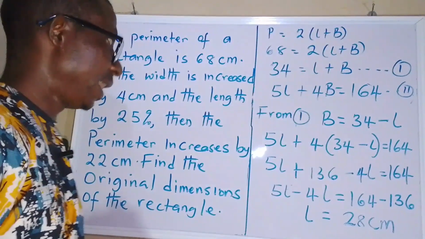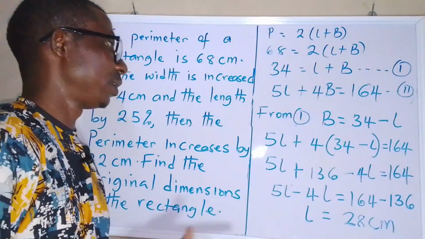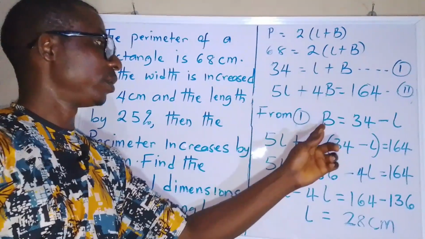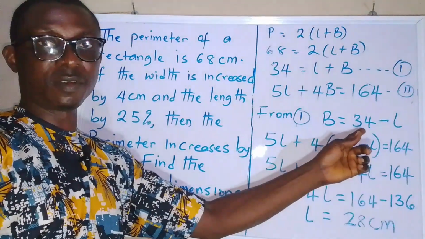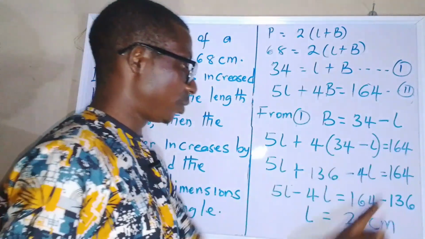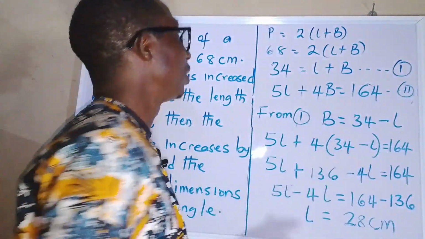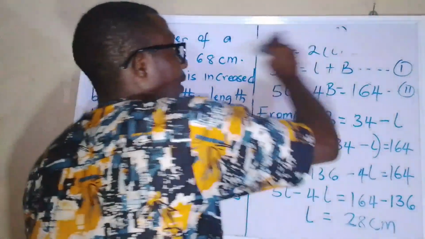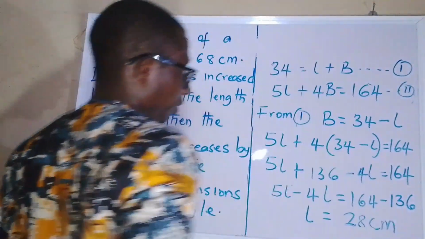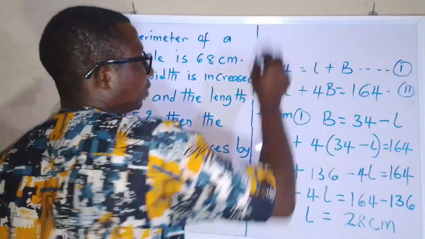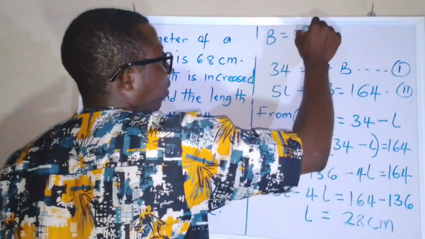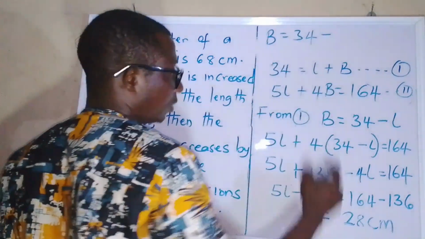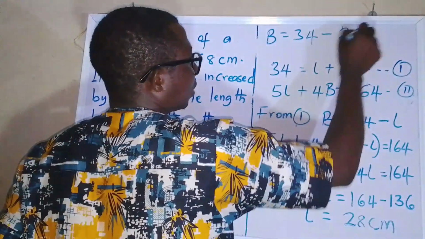Now, the next thing is to get the breadth. So you just come down here. You have B to be 34 minus L. So just substitute the value of L into this equation. So we have B equals 34 minus, your L is 28.